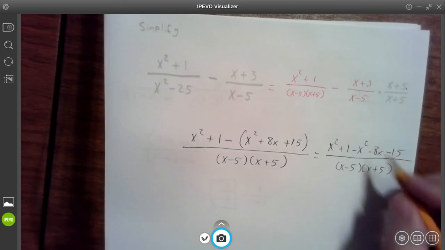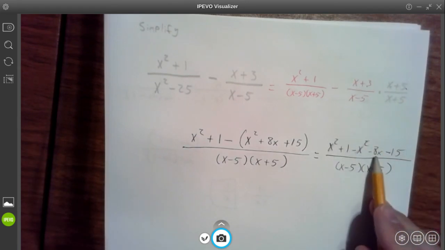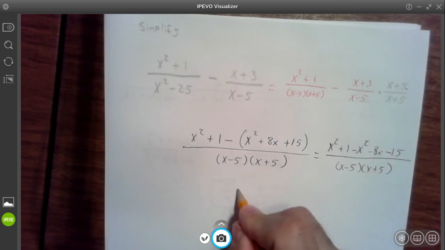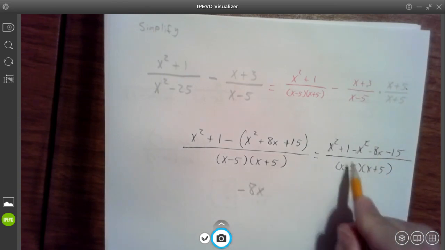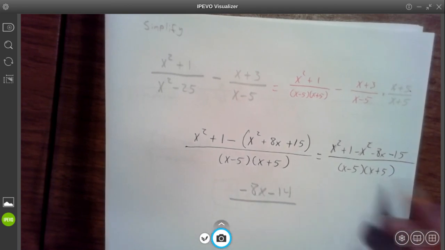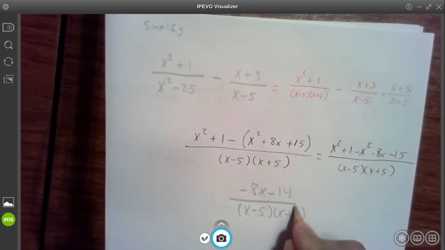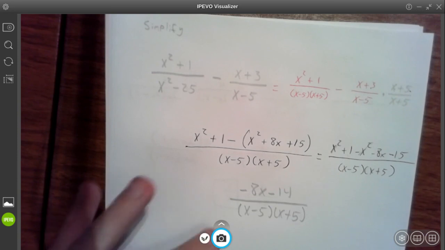That's nice, so we don't have to try to factor a quadratic later. We're going to have a negative 8x. 1 minus 15 is negative 14. And then the denominator is still the same, x minus 5, x plus 5.